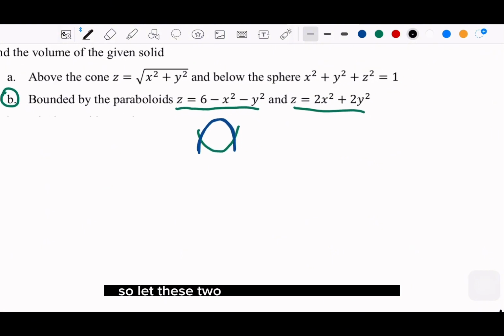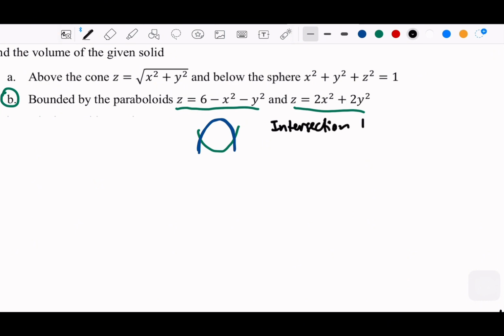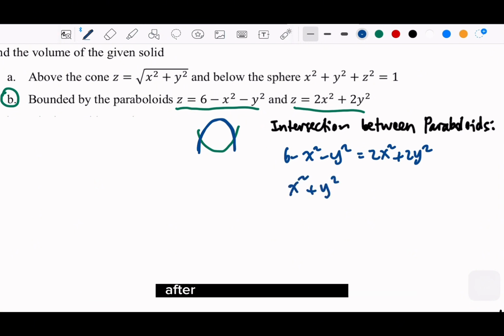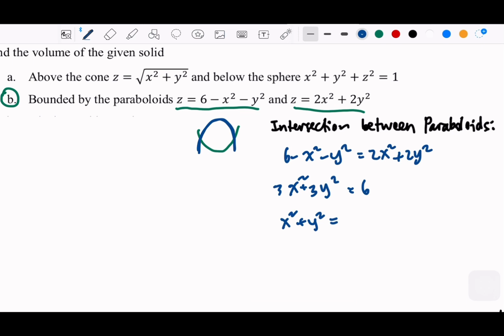So let these two intersect, the intersection between the paraboloids. This is equal to 2x squared plus 2y squared. So x squared plus y squared, after we simplify, is equal to, oh, 3, sorry, it's supposed to be 3. 3 is equal to 6, so x squared plus y squared is 2.